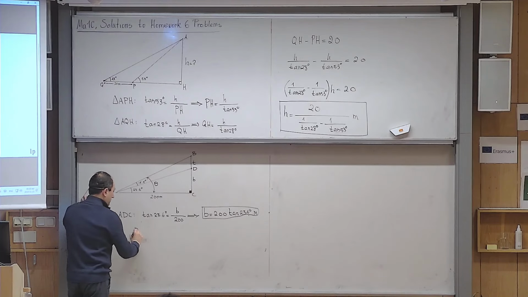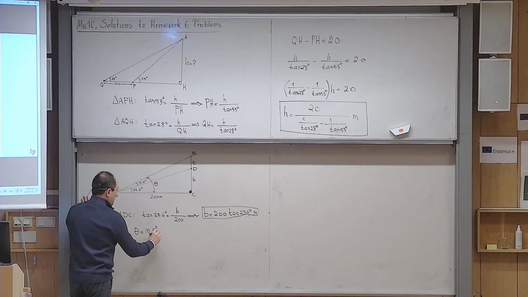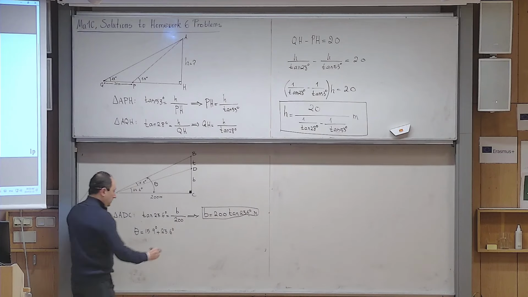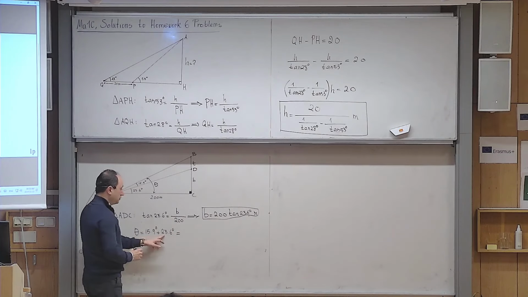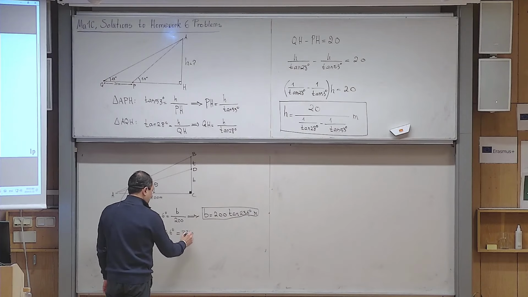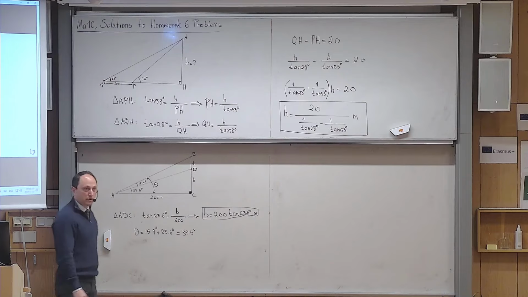What is theta? It is not hard to find. It is 15.9 degrees plus 23.6 degrees. Do you agree? If I add them up, 15 and 23 is 38, and 1.5, so it becomes 39.5 degrees. This is the angle theta.